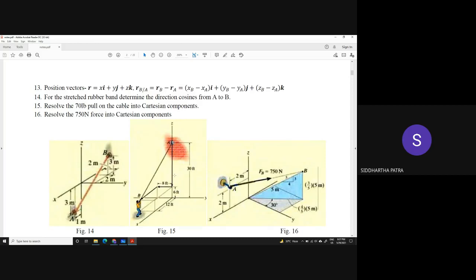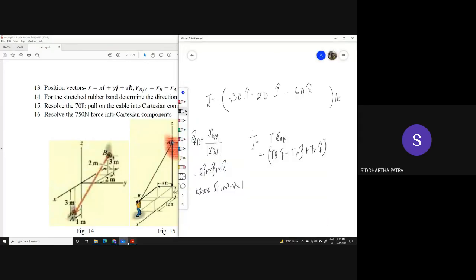And of course, it's negative. So if this one is plus 30, this one is minus 60. Right? Okay. So I believe this is the correct answer.